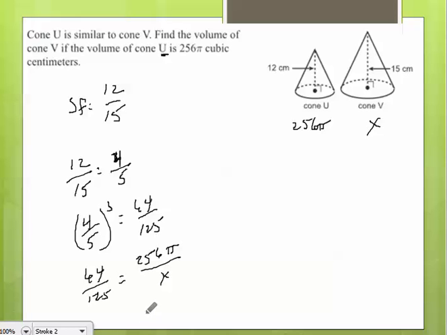So simply using my means and extremes, I'm going to take 64x is equal to 125 times 256 times pi. So x is going to be equal to 125 times 256 times pi divided by 64. Well, I can do that on the calculator, right?